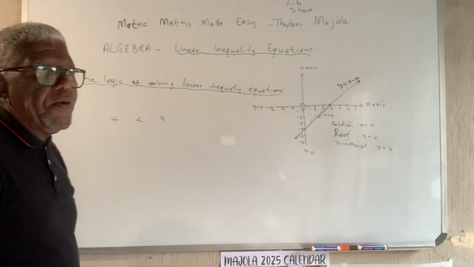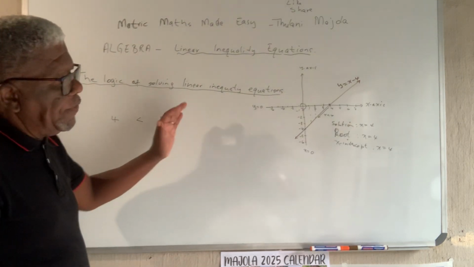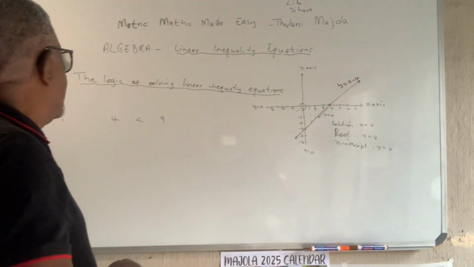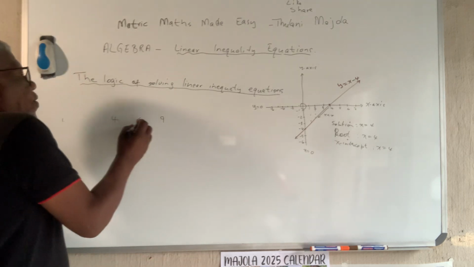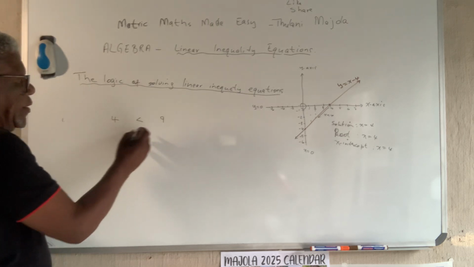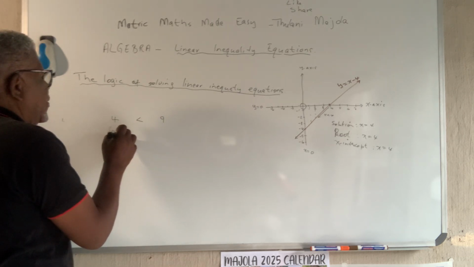Algebra, linear inequality equations. The logic of solving linear inequality equations. We all know that, okay, maybe you don't. So 4 and 9, 4 is less than 9.